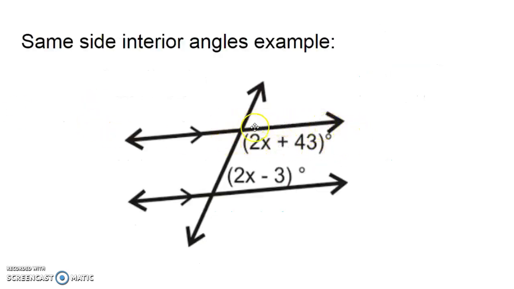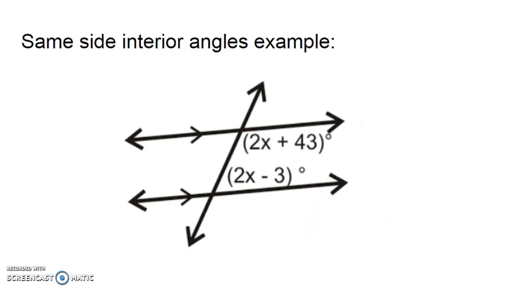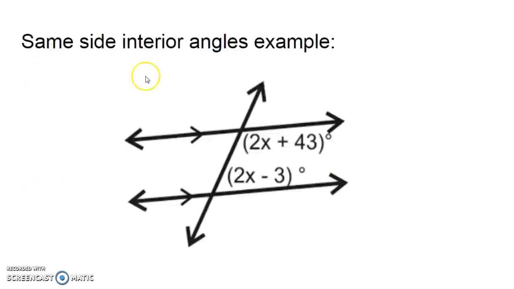Here's an example that we did today in class. I'll help you set it up, and then you need to solve it. So we would take 2x plus 43 plus 2x minus 3 equals 180. That is how you would set this up to solve. Let's see if I can put that on here.